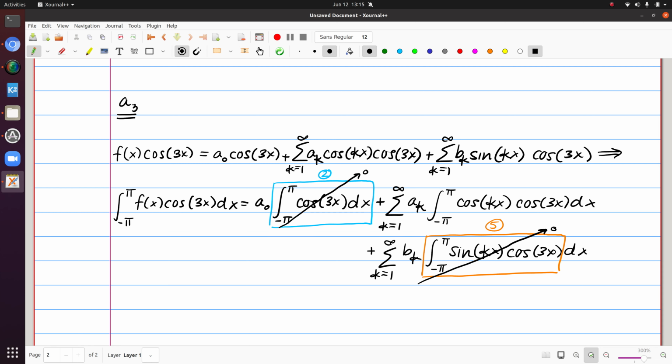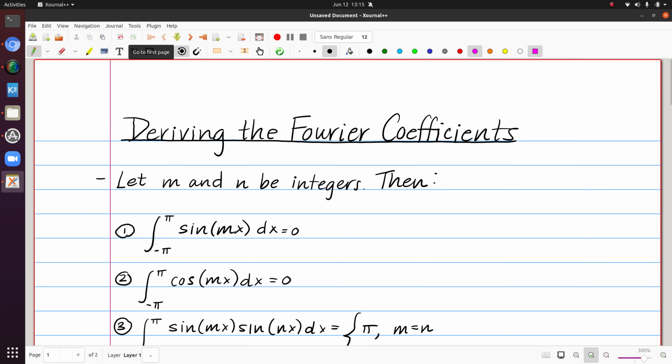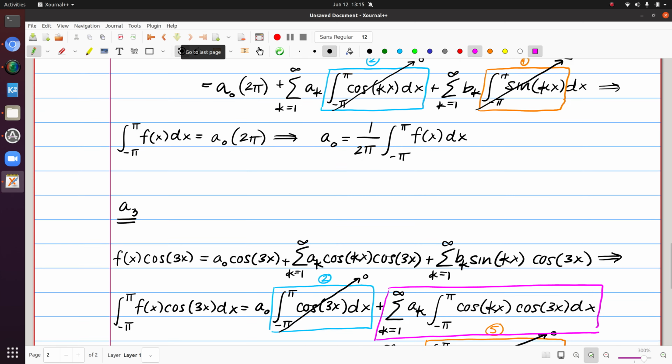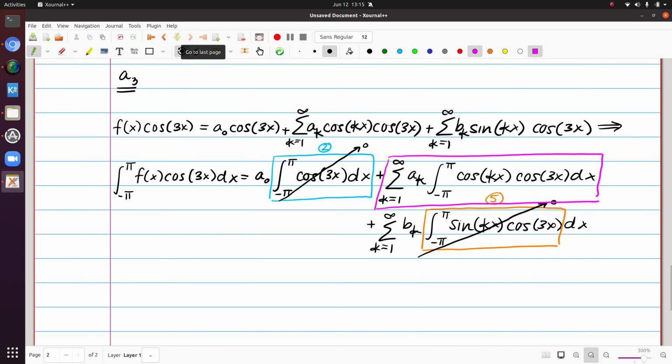We have to just be a little bit careful with this last part here. So focusing on this part, this is going to relate to, when we have cosine times cosine, our fourth formula. And notice here we see that you either get 0 or you get pi. And you only get pi when you are multiplying two of the exact same cosine functions together.